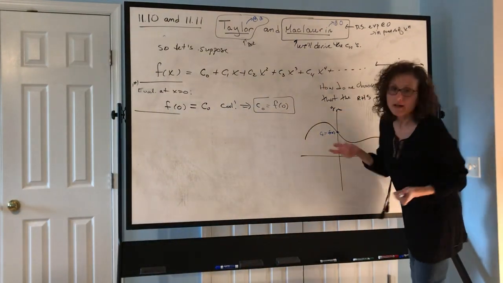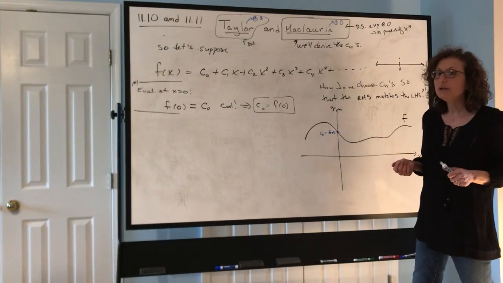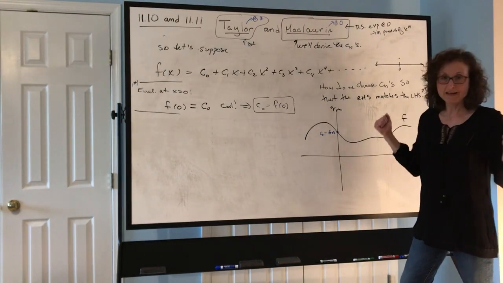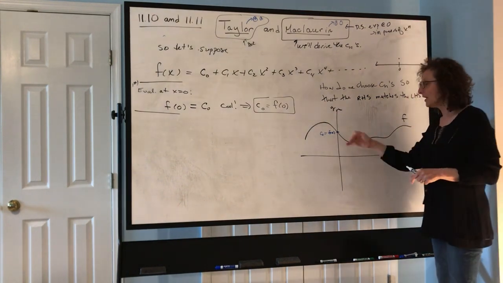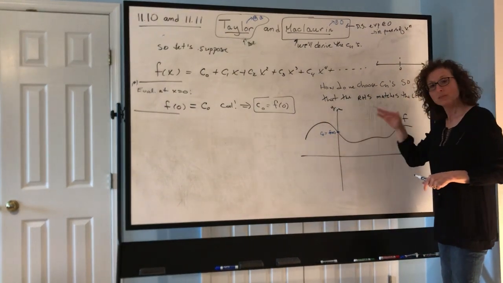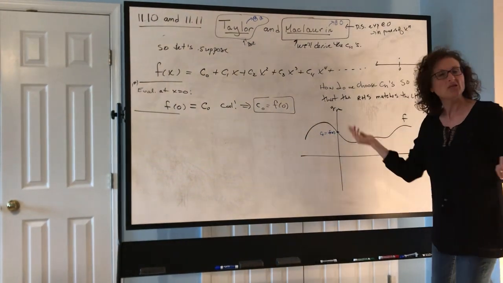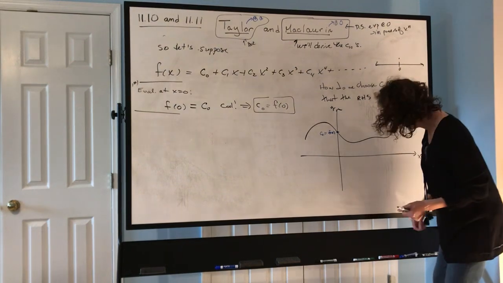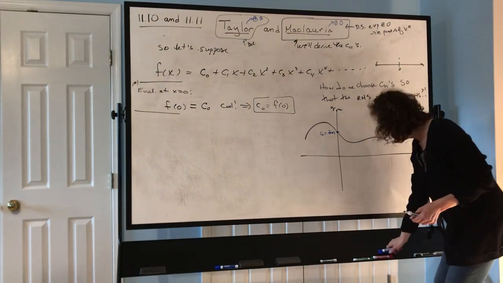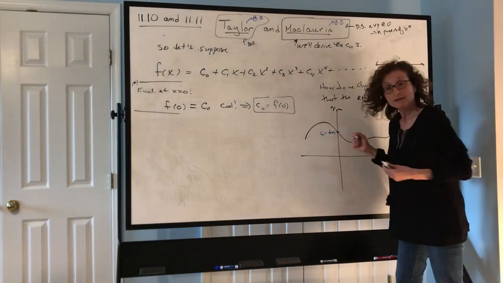What do we do in Calc 1? What's Calc 1 all about, mostly? When we're trying to think about a way to approximate a curvy thing with something not so curvy, or not curvy at all, like a line. What kind of line? Like a tangent line.